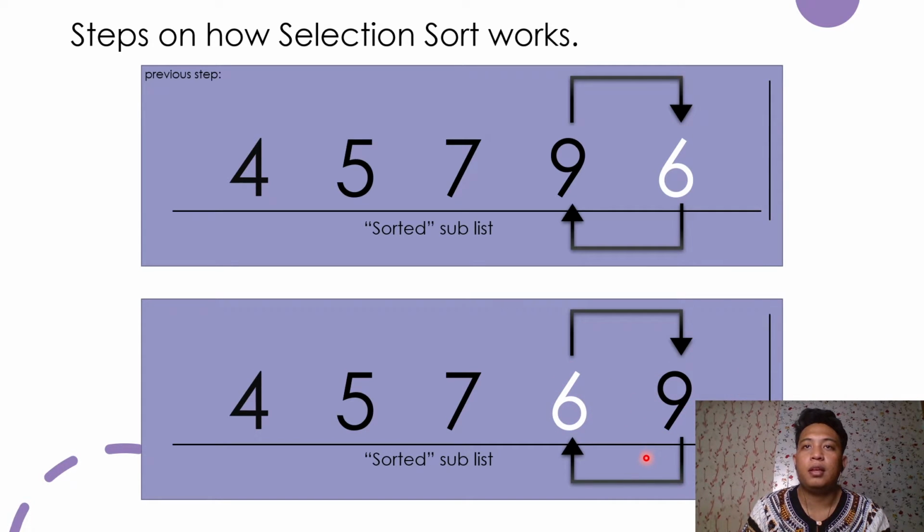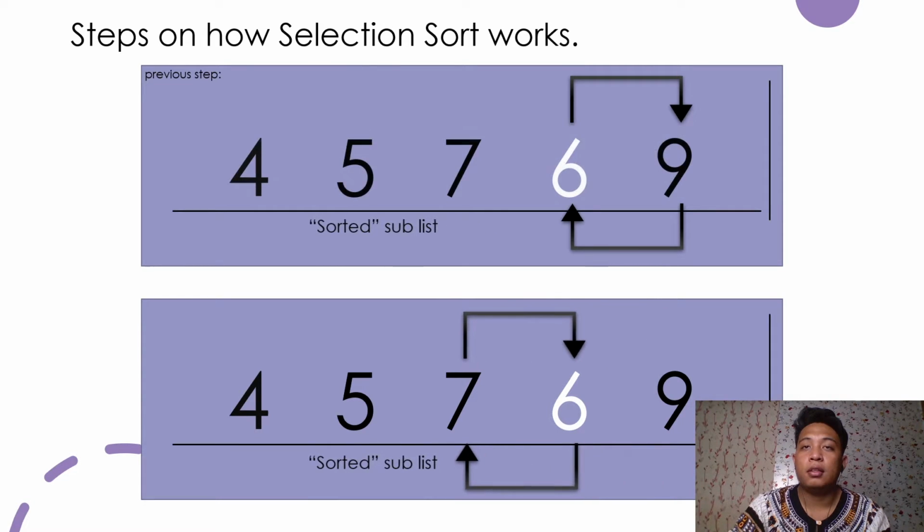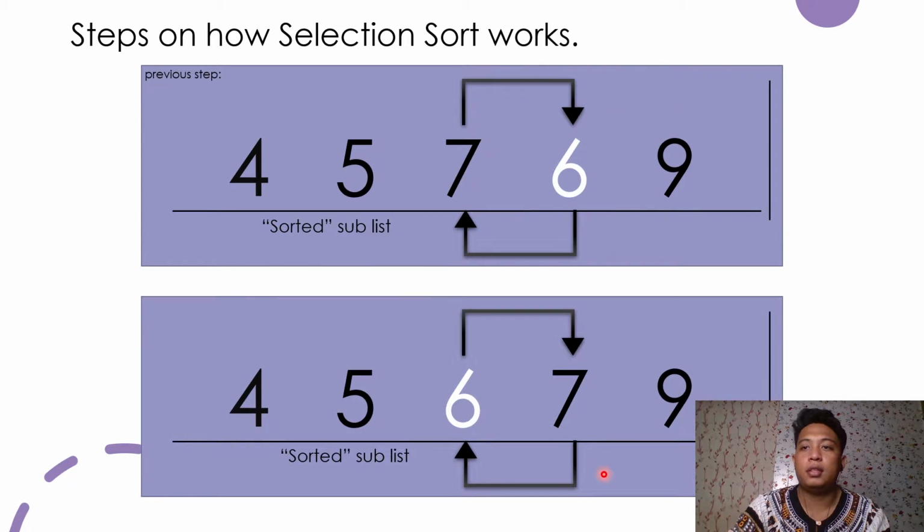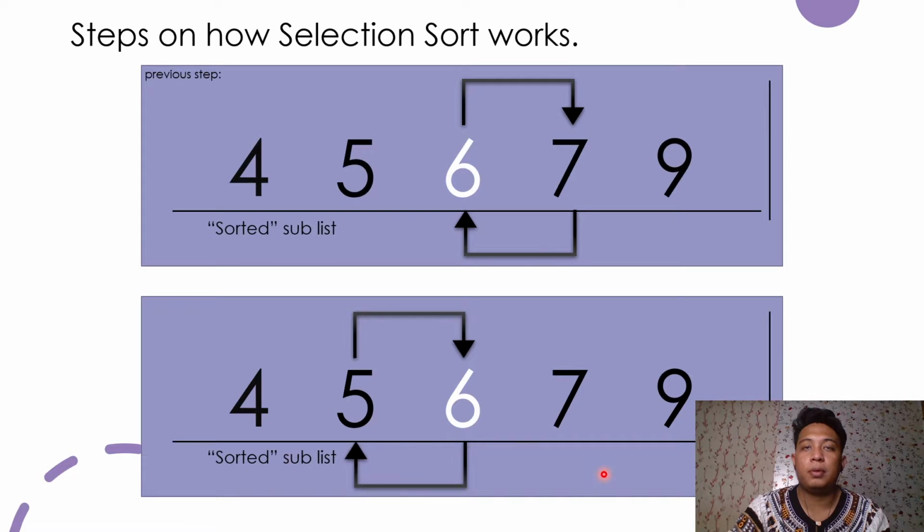And then the next step, I will compare number 6 to the left. Is number 6 lesser than number 7? It is true, so we'll switch these two. And after that, we'll compare number 6 to the left. Is number 6 lesser than number 5?